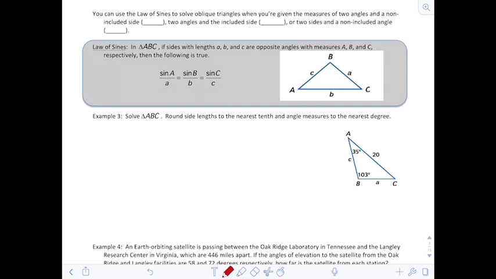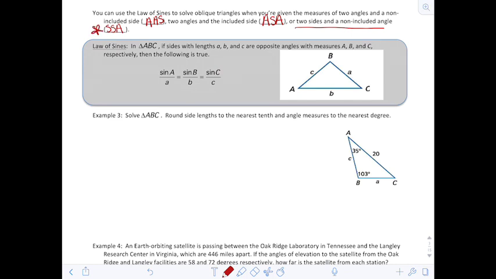So this is when we are given angle, angle, side, or two angles and the included side, angle, side, angle, or two sides and a non-included angle, which is side-side-angle. Now this very last one, that will lead us to a possible ambiguous case, which we'll talk about in the second half of this lesson.